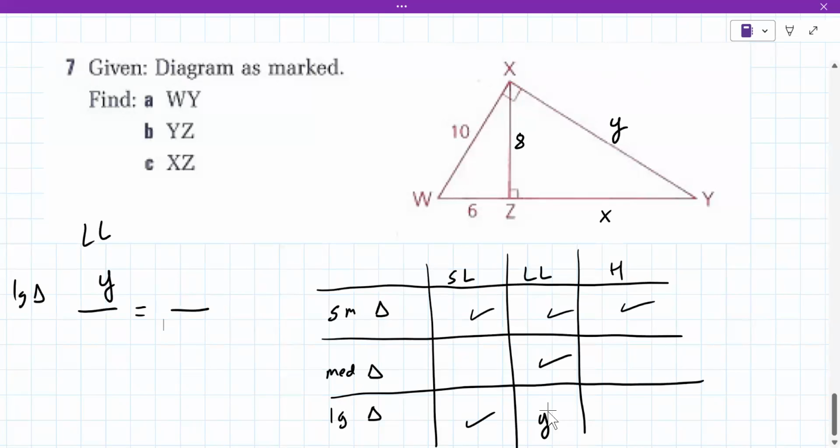Do we know the long leg of the small triangle? Yes, it's 8. And what else do we know in the small triangle? The short leg is 6. And we know the short leg is 10 in the large triangle. Now you have a proportion that allows you to find that missing one. So having said all that, could you find Y for us, please? Yes.